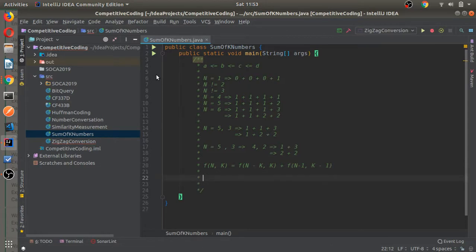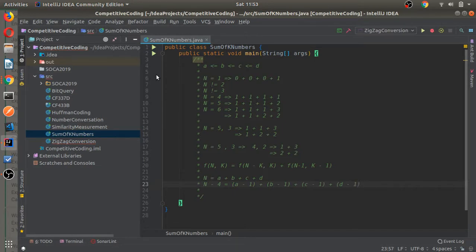The reason is, if n is equal to a plus b plus c plus d, then n minus 4 is equal to a minus 1 plus b minus 1 plus c minus 1 plus d minus 1.